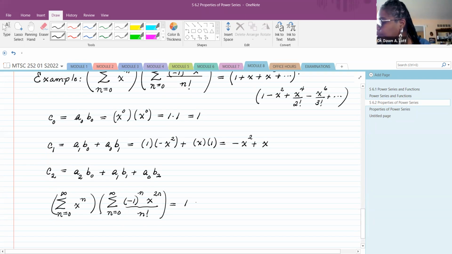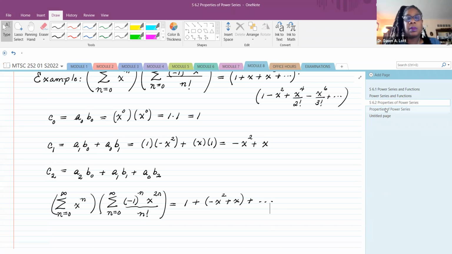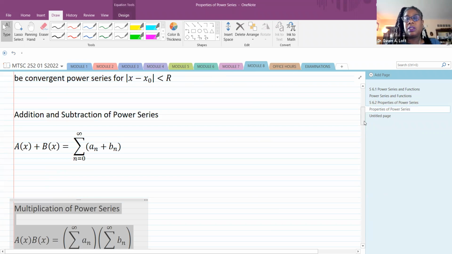The first term is 1. The second term is negative x squared plus x. And then you keep going. So that's a multiplication. All right, what's way more fun is differentiating these things.